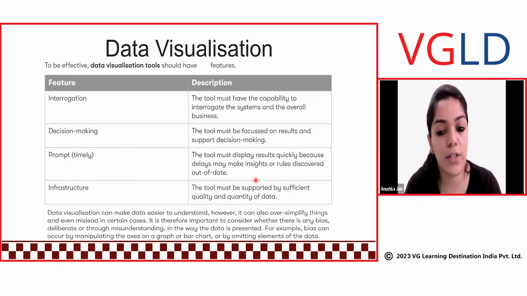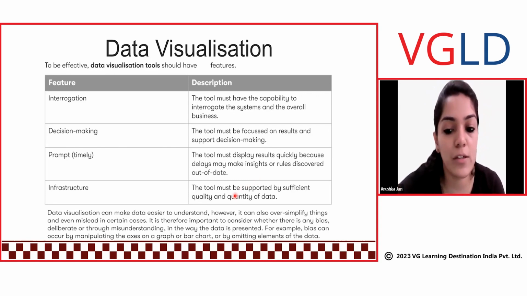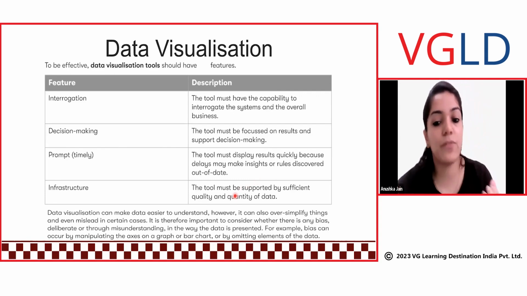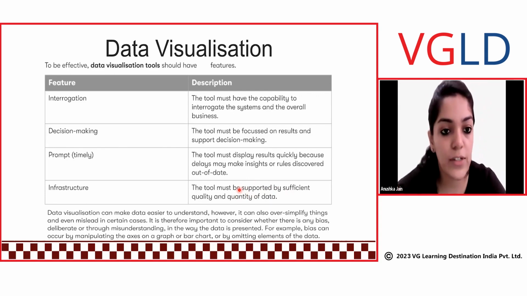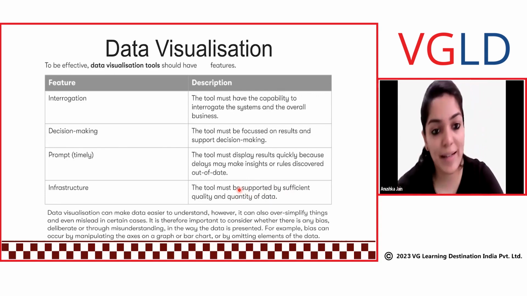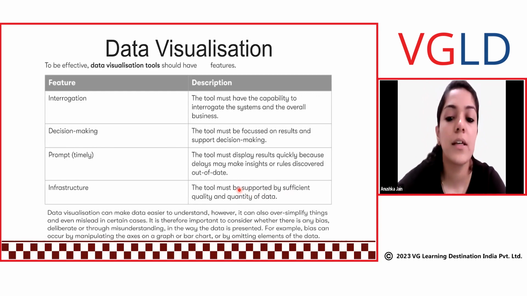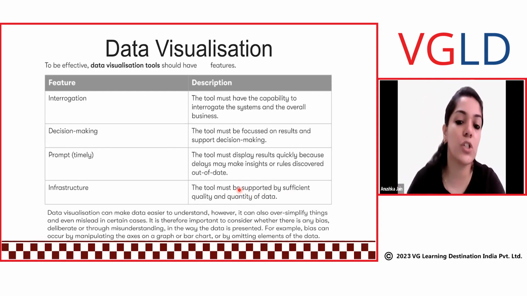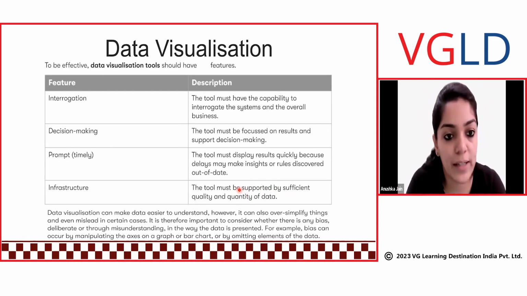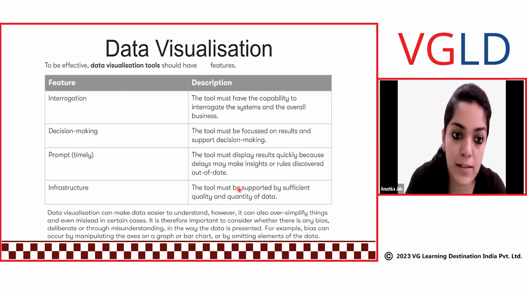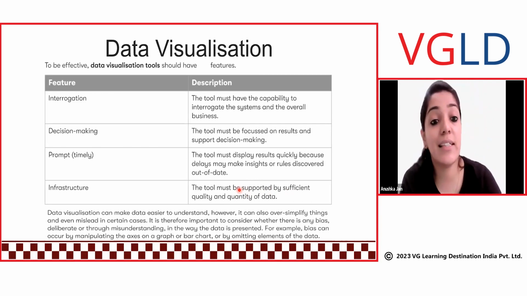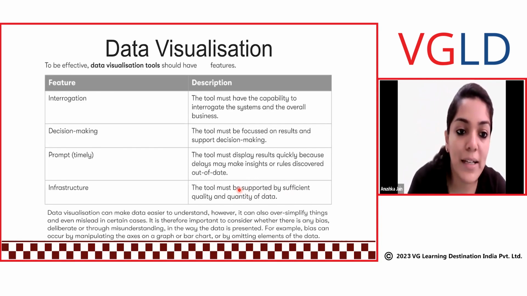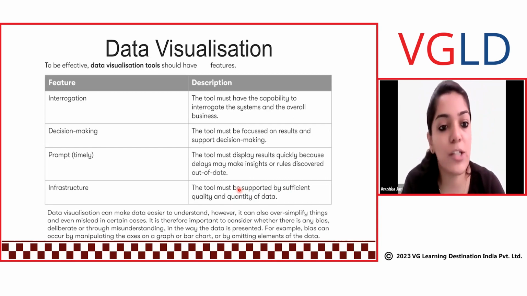Last is infrastructure. The tool must be supported by sufficient quality and quantity of data. So your infrastructure which you are using to prepare the dashboards or the diagrams should be provided with sufficient quality and quantity of data so that it gives out the right results. There is a common terminology which you would hear, GIGO, and that means garbage in, garbage out.